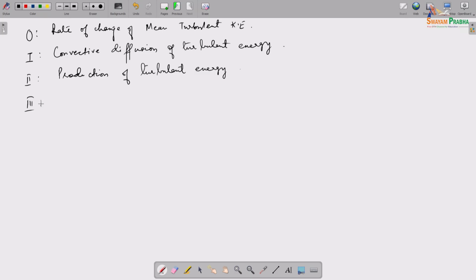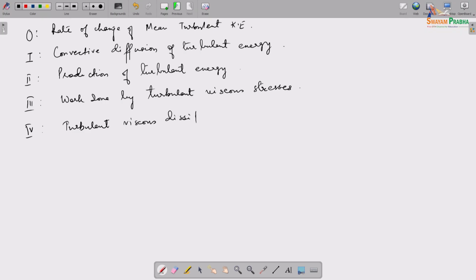The third term is work done by turbulent viscous stresses, and the last term is turbulent viscous dissipation.